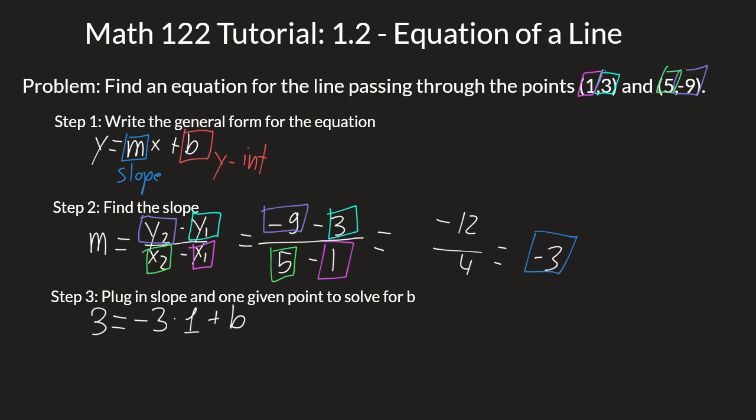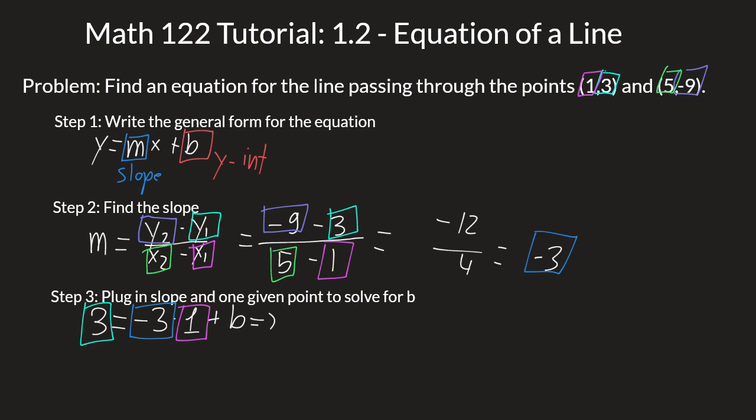And again, just to make sure that everything is clearly color-coded for you guys, I plugged in this 3 from our first point, the y value of our first point. M, or this negative 3, is just our slope, and 1 is just the x value of our first point.